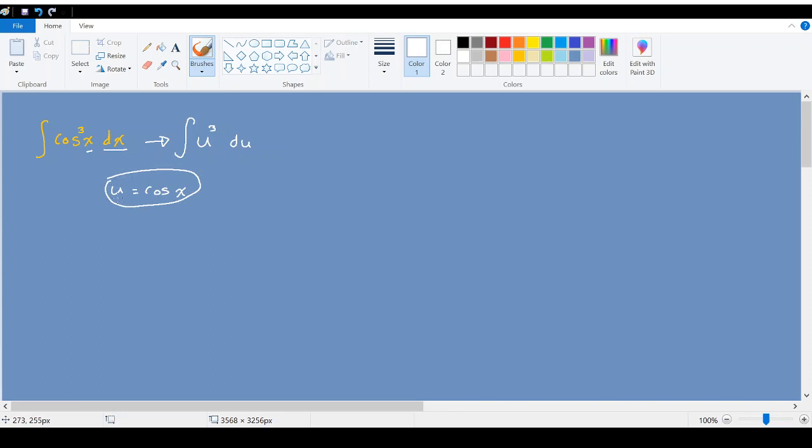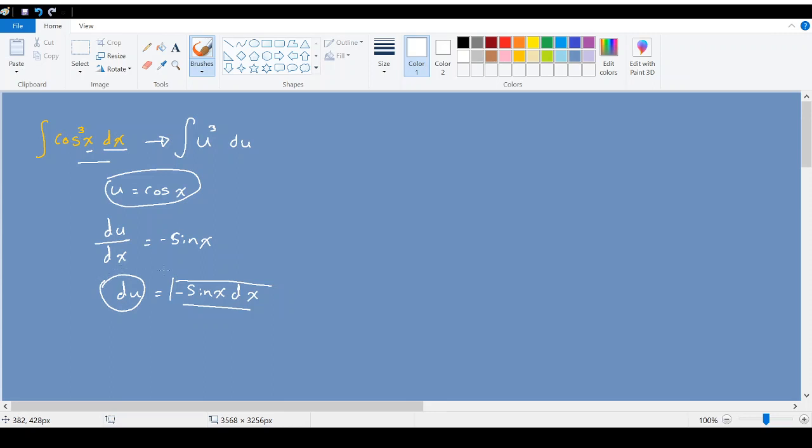Okay, so to find that relationship, we should differentiate our equation of substitution. Then this becomes negative sine x, and du will be equal to negative sine x times dx. Now this is the problem here. If we have this term in the original problem, we can replace it with du.